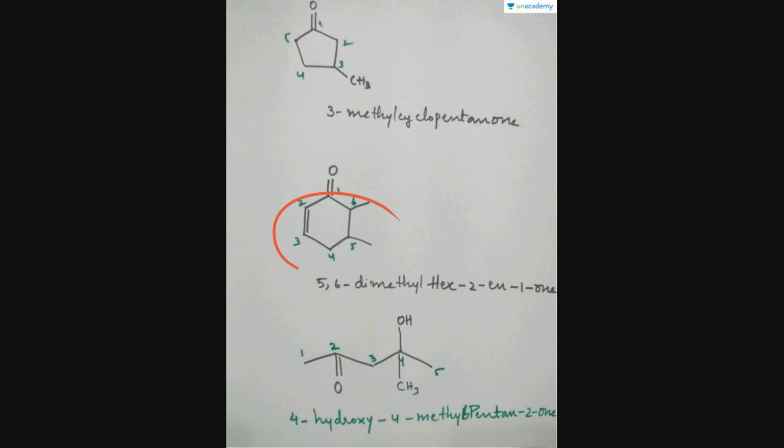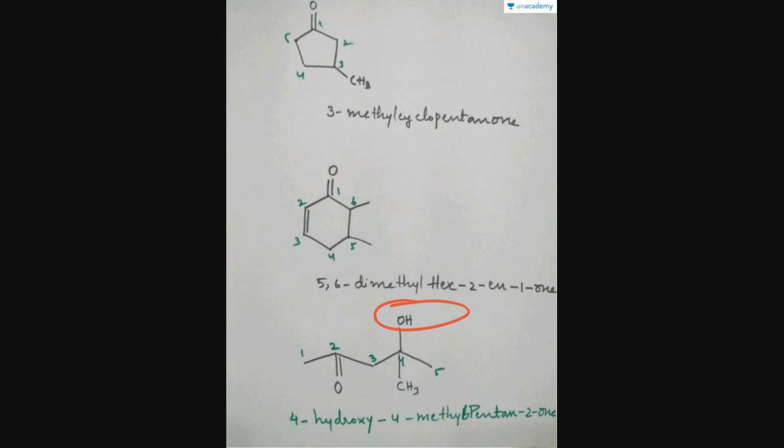We have 6 carbons here, so the root word is hex, and on the 2nd carbon we have a double bond, so the suffix is ene, and for ketone the suffix is one. Finally the name of the compound becomes 5,6-dimethylhex-2-en-1-one, dropping the E.